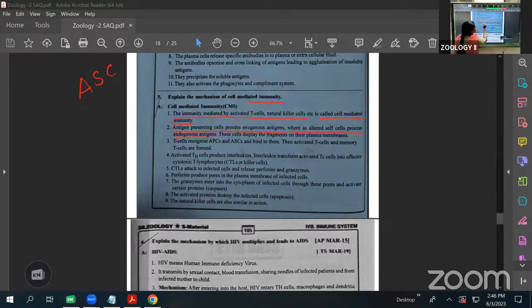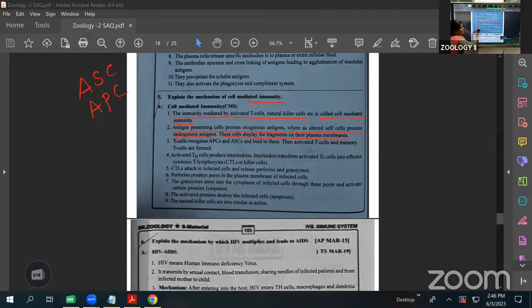These cells display the fragments on the plasma membrane. Next is the APC, meaning antigen presenting cells, and ASC means self-altered cells. The APCs are, every time, the antigen presenting cells.